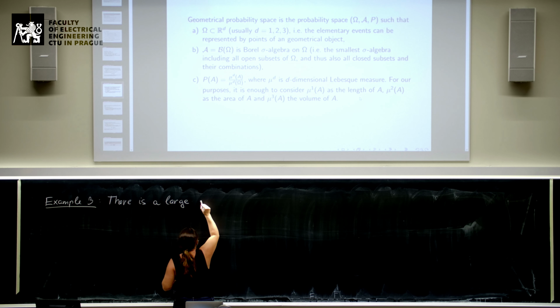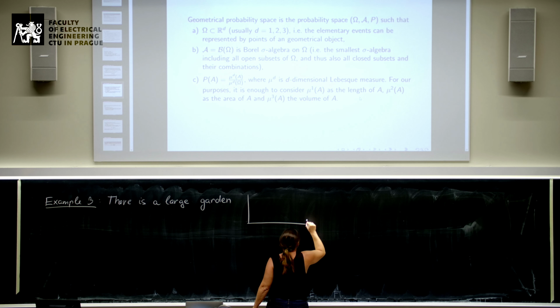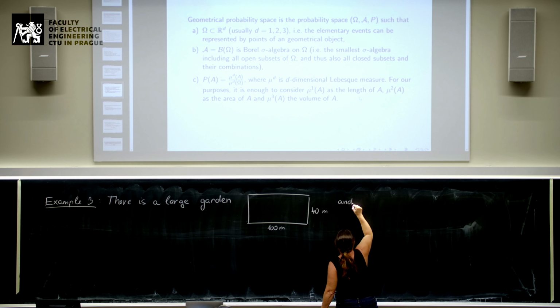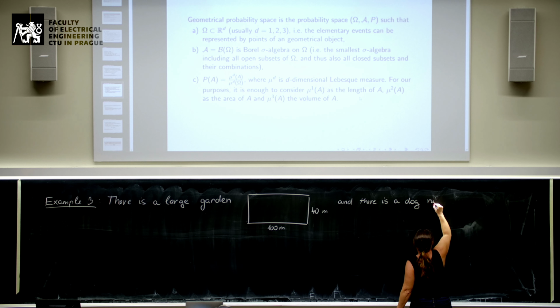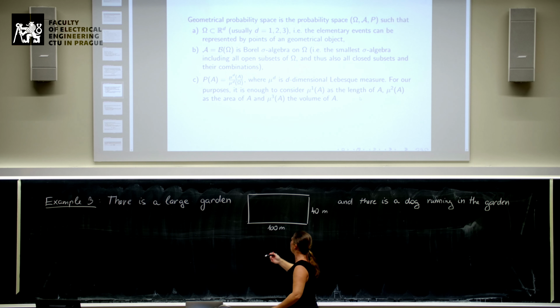There is a large garden whose sides are 40 meters times 100 meters, and there is a dog running in the garden. Let's say that the orientation of the garden is such that here is the north, here is the south, here is the west, here is the east.